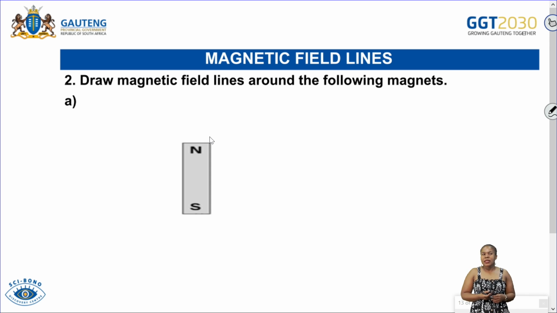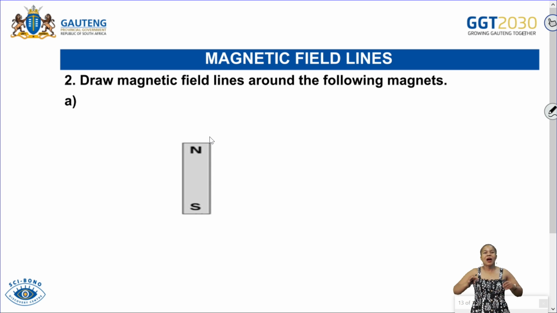Number 2, they are saying draw the magnetic field lines around the following magnets. So what they've done is they've given you different types of magnets, and they want us to implement the properties of the magnetic field lines. Okay, so you've got a north over there at the top, and then you've got a south.